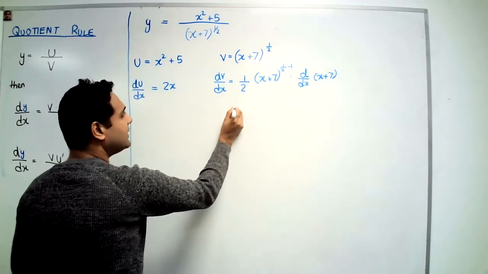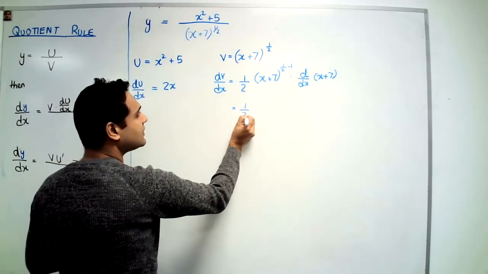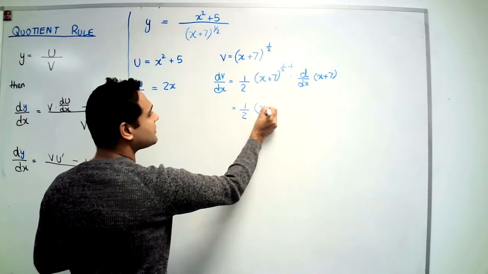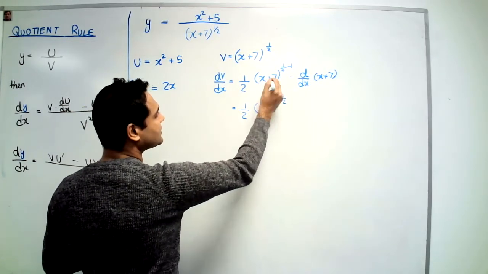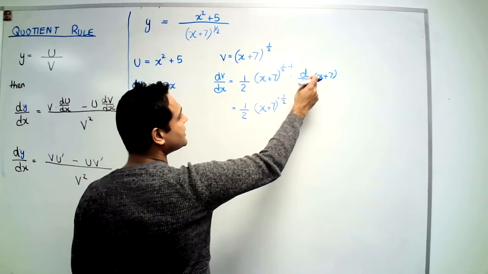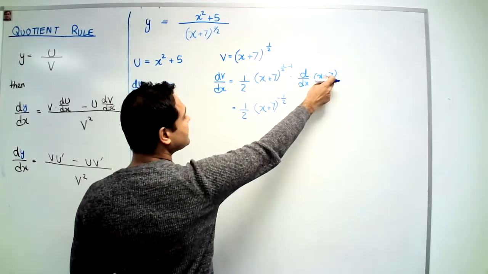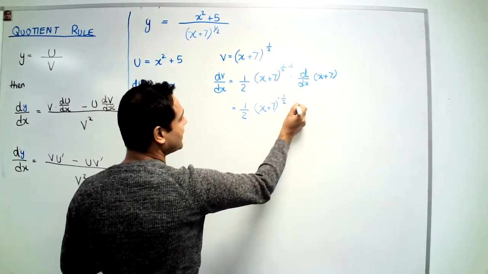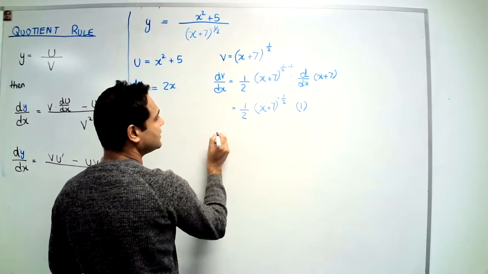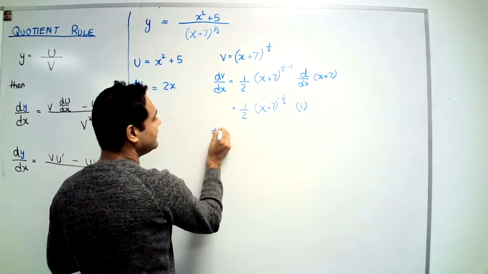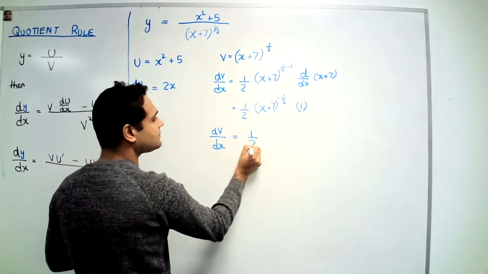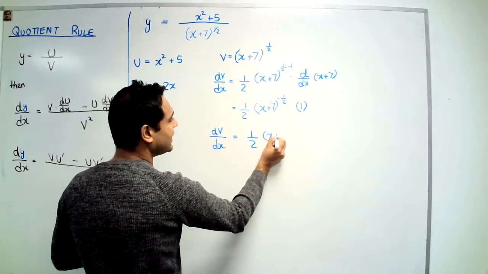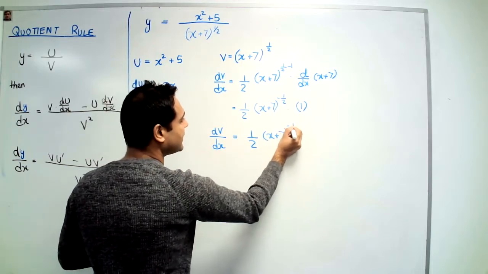Now the half is still there. This thing becomes x plus 7 to the power of minus half, because half minus 1 is that. And differentiation of 7 is 0, and x is just a 1. So that's it. So I got dv over dx is half x plus 7 to the negative half.